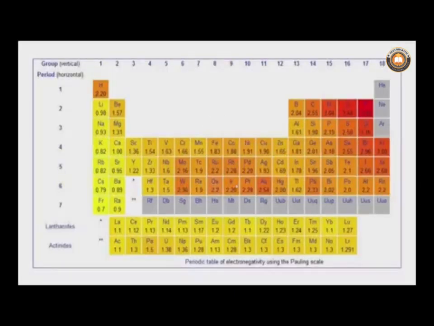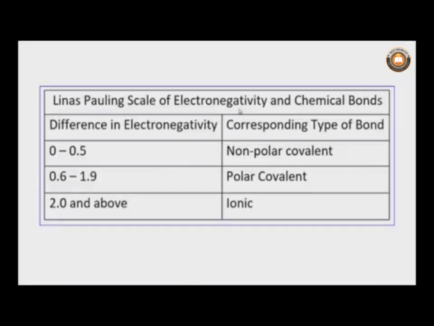So, based on this Pauling scale, let us consider the differences. Pauling scale electronegativity can tell us a little bit about the corresponding chemical bonds. There is an error here, it is Linus, this is Linus Pauling. Okay. So, there is the difference in electronegativity.